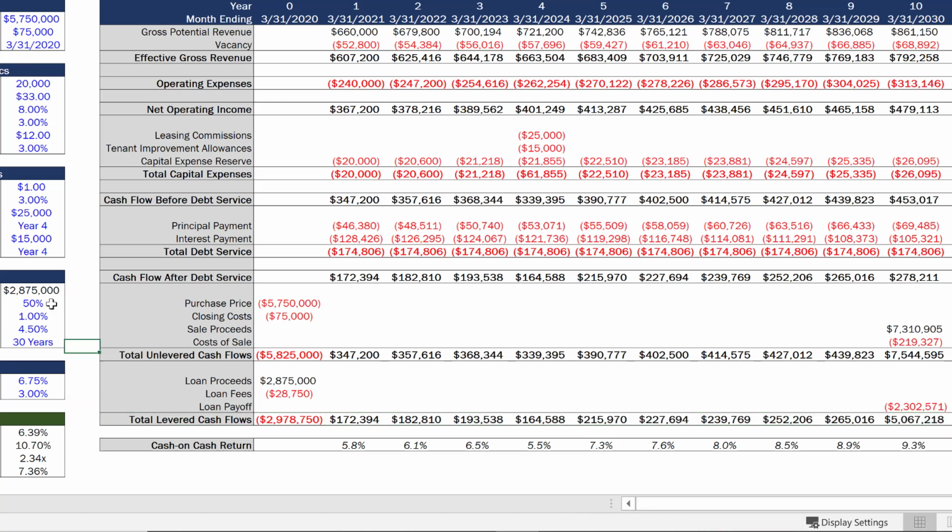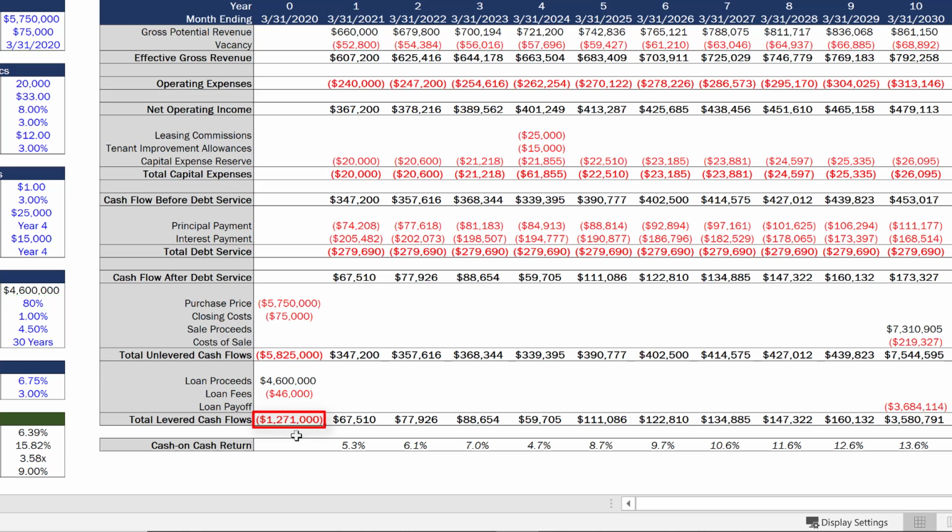But for the 80% leverage scenario, the investor contributed $1,271,000 on the deal and earned back $4,550,820. So even though the overall dollar earnings were higher at that 50% loan to value ratio, that scenario also required more than double the initial equity investment, which resulted in a smaller multiplication of that initial equity investment in that 50% LTV scenario.